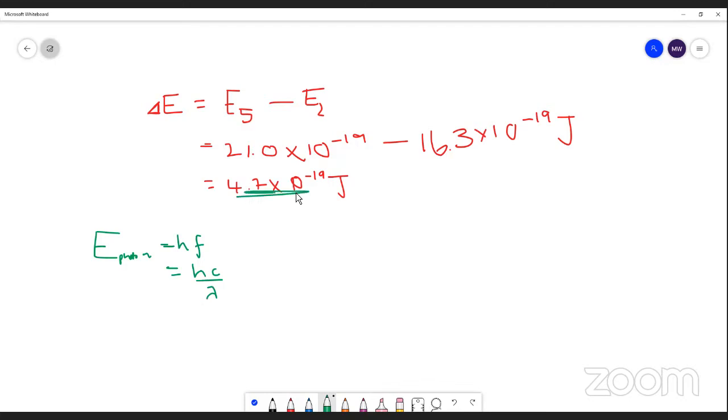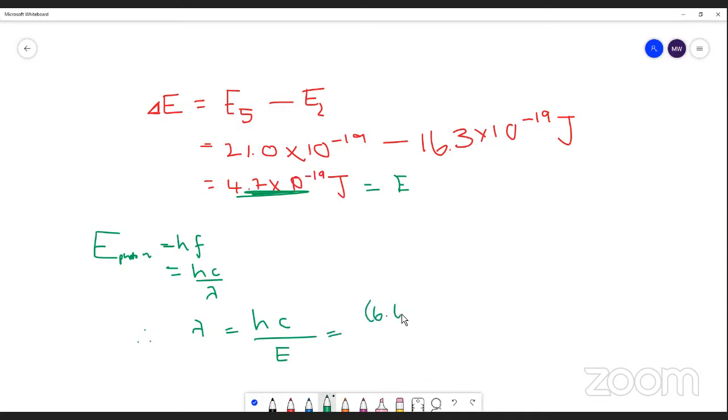This is our energy. So if I rearrange my formula, wavelength is equal to Planck's constant times the speed of light divided by that energy.